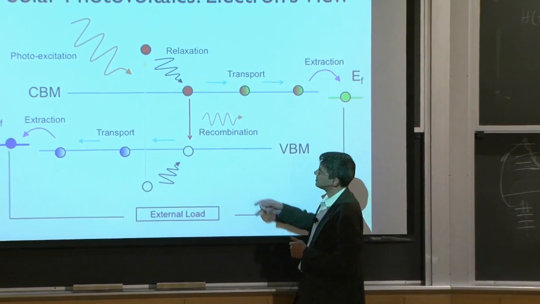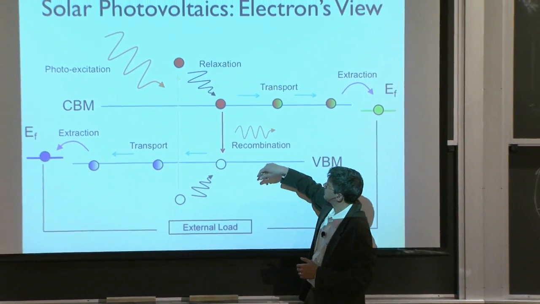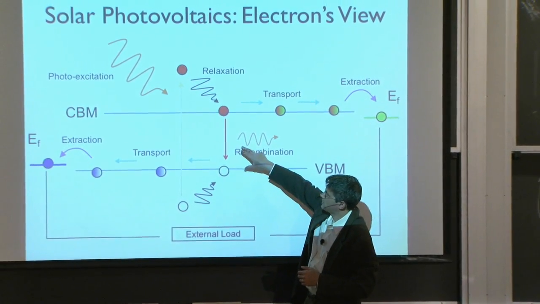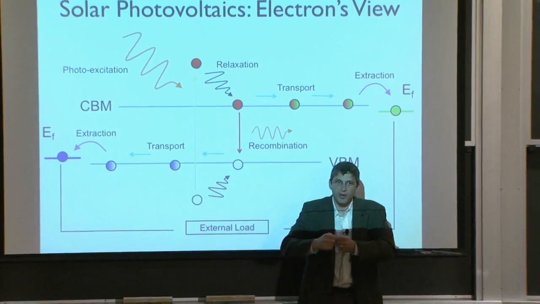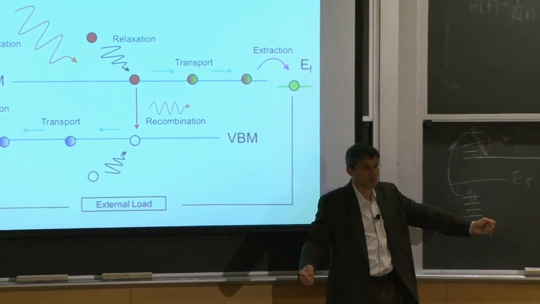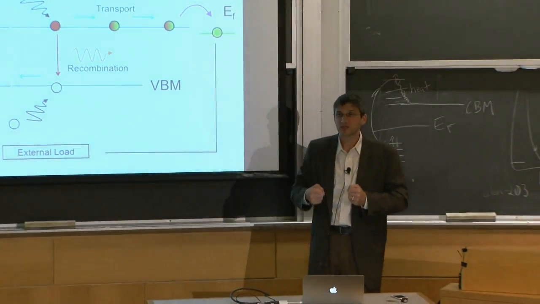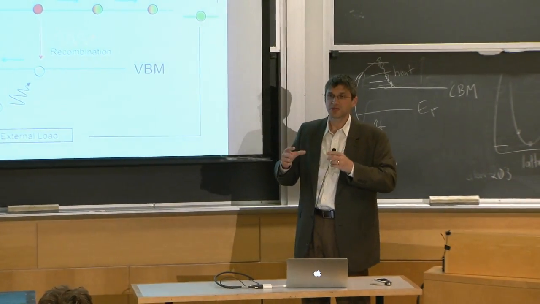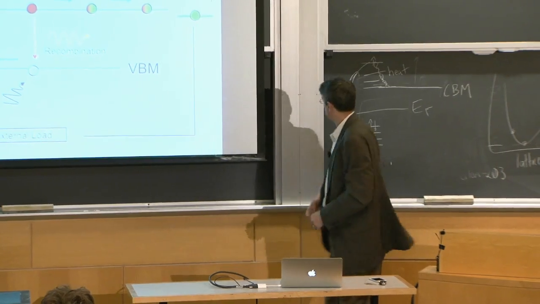And the last thing, I'll just tell you, because I'm going to show it to you in a second, is that when you need to pull electrons and holes apart from each other, because they're really strongly bound, you need two different materials with a very particular way of lining their energy levels up.